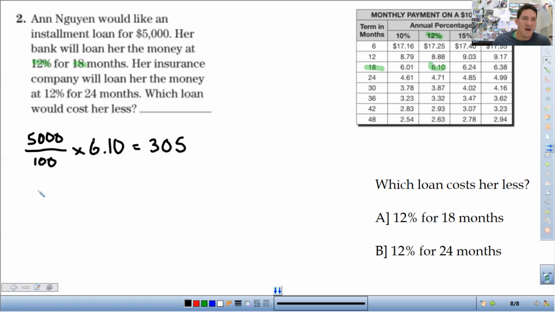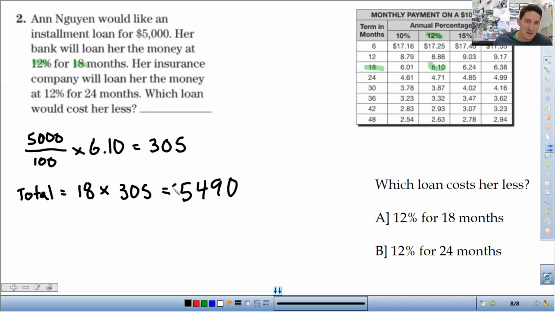And then to figure out the total for the loan, it's 18 payments, so 18 times 305, and that comes out to 5,490.